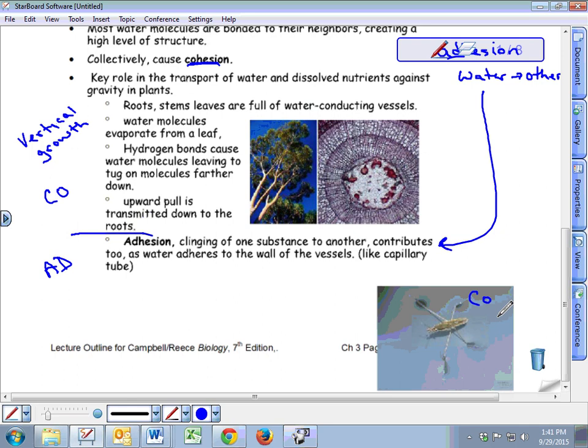The reason why there's surface tension: if I make all of these guys water molecules, and these are the hydrogen bonds between them, if you notice, below the water, the molecules are bonded to each other in 3 dimensions: above, below, in front, behind.